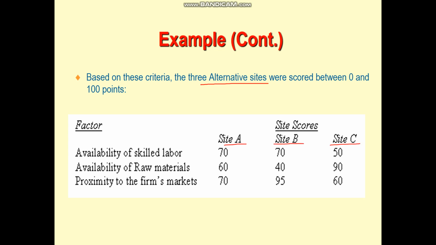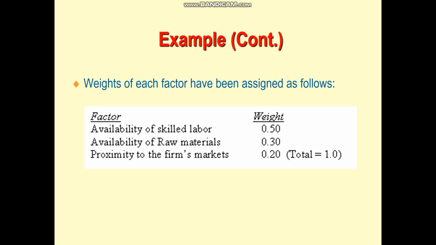For availability of skilled labor, they give site A 70, site B 70, and site C 50. For the factor availability of raw material, site A is 60, site B 40, and site C 90. And for the last one, they also give a score for each site. And then they weight each factor, like how important it is.